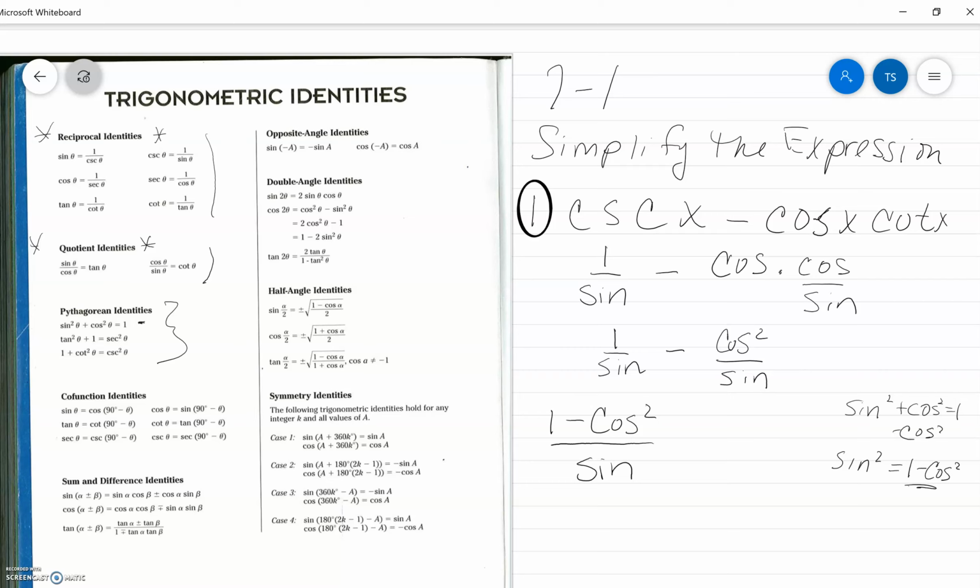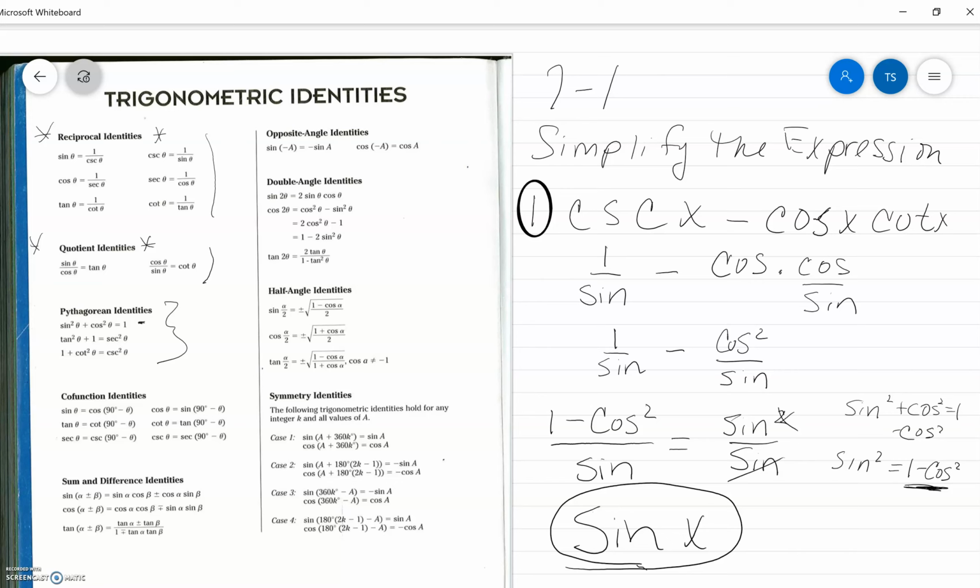Oh yeah, 1 minus cosine squared. I can replace it. So 1 minus cosine squared equals sine squared over sine. So sine squared over sine, that I can simplify. Sine's going to cancel with one of these sines, and my final answer is going to be sine x. Final answer.